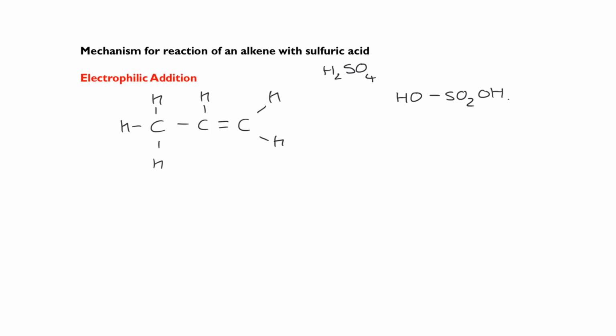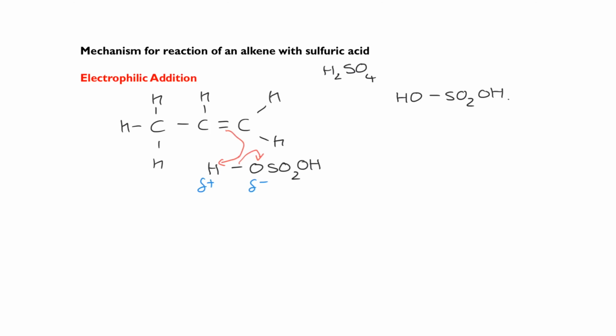Okay, so we're going to draw the hydrogen and then we're going to have the O-SO2-OH here. Okay, this is going to be partially positive, this is going to be partially negative. The double bond, as always, breaks up and it attacks this hydrogen here, which is partially positive, and then the bond between the H and the O break here.